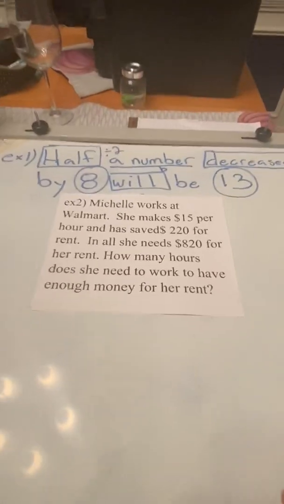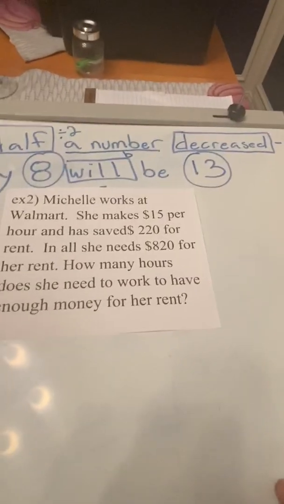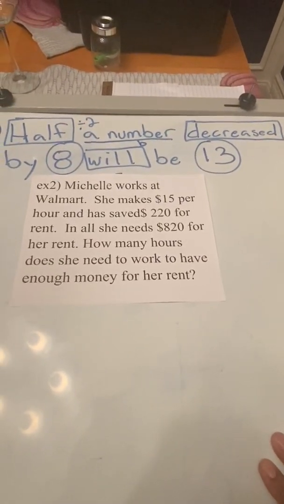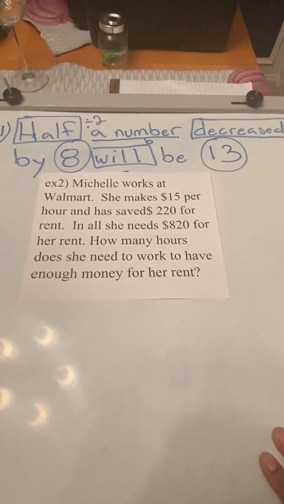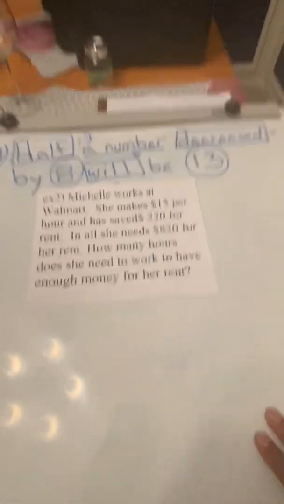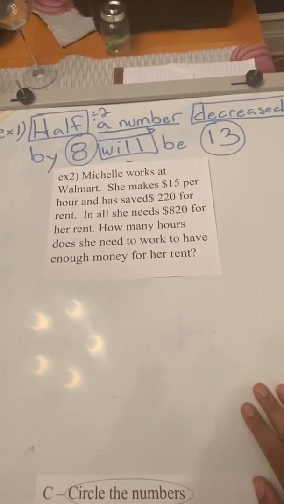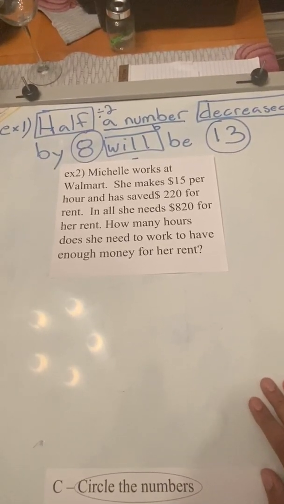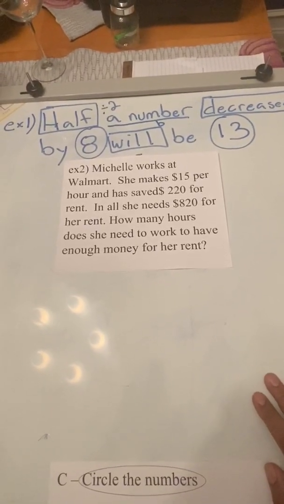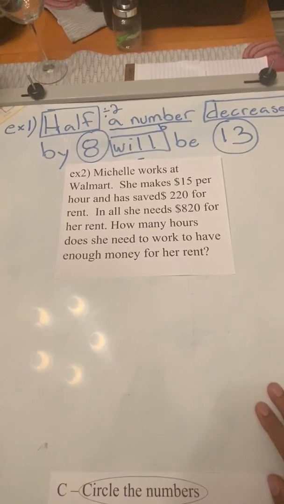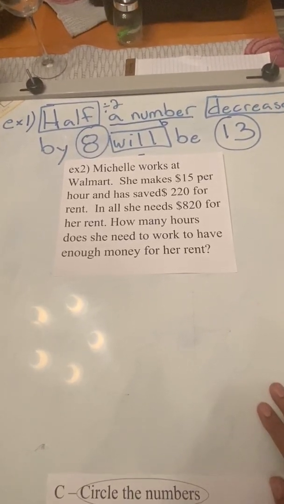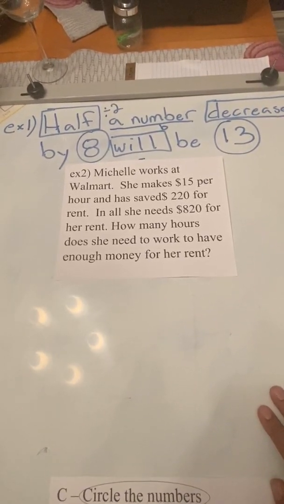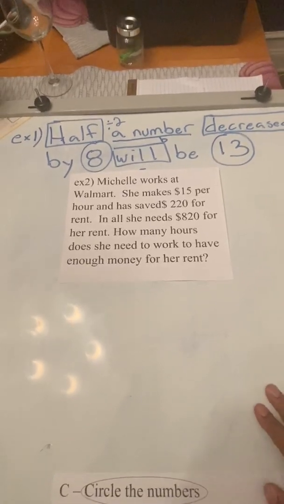For the sake of time, we'll read it just once, but like I said, read it at least 2 times. Michelle works at Walmart. She makes $15 per hour and has saved $220 for rent. In all, she needs $820 for her rent. How many hours does she need to work to have enough money for her rent?